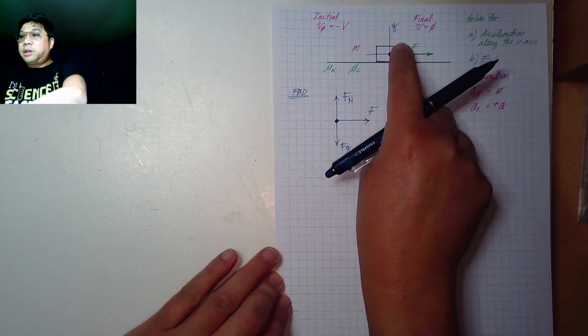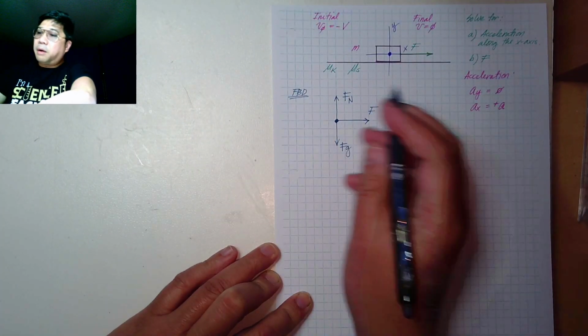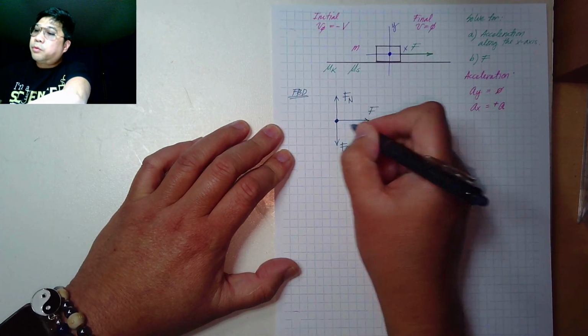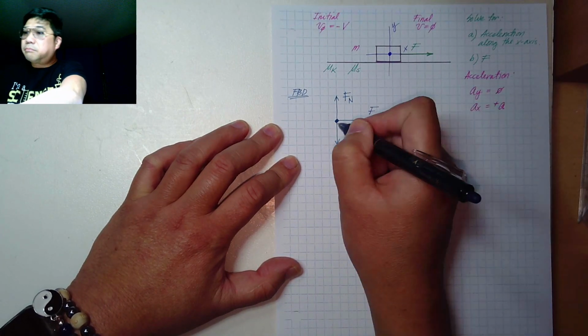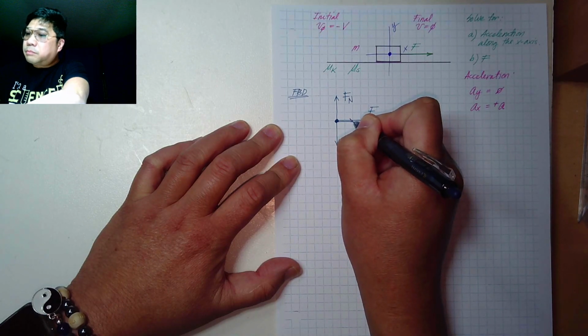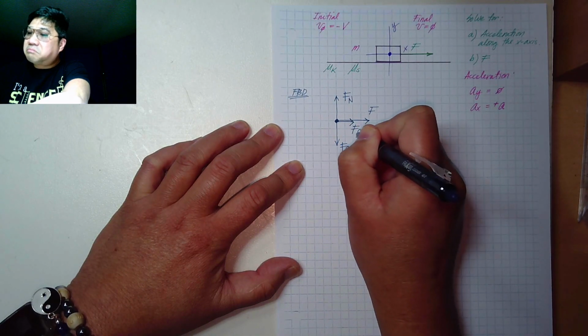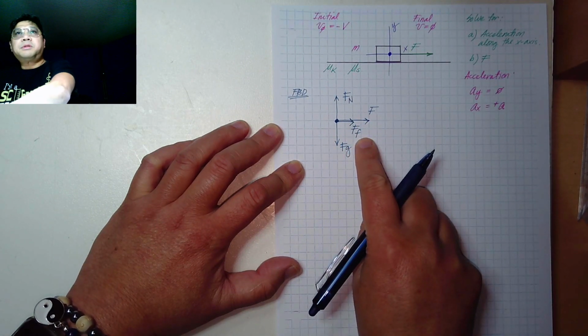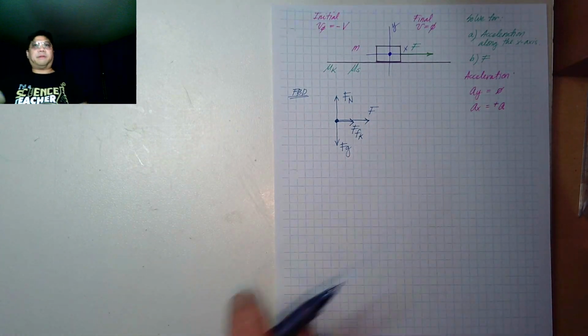And since the motion is going to the left, velocity is going to the left, therefore our force of friction should always be opposite the direction of our motion. So I would say maybe this is our force of friction, and that force of friction will definitely be your kinetic friction, FFK.